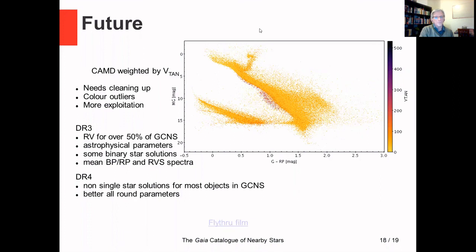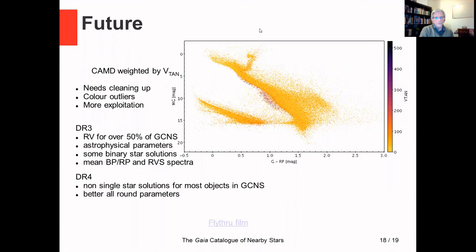There will be, for the first time, non-single star information content with the first publication of binary solutions in the spectroscopic, photometric, and astrometric channels. And there will also be new radial velocity spectrograph information, for example, time series of spectra.